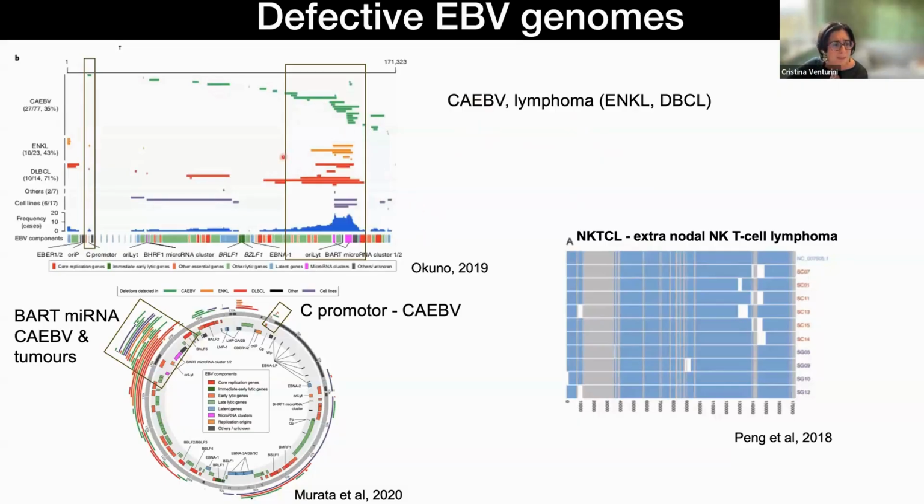Especially, 35% of chronic active EBV had deletions in this area of the genome, and they found percentages going from 35 to even 71% of samples with similar deletions. And this Chinese group found similar results also for the NK T cell lymphoma.